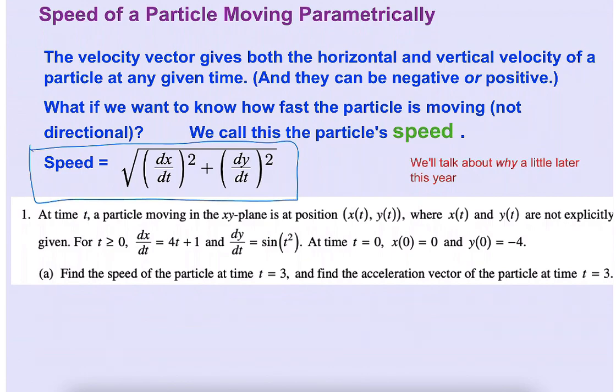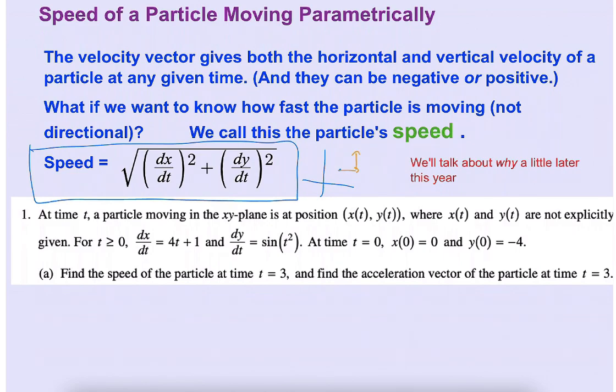Hopefully, if you look at that, you kind of see where that's coming from. I'm hoping you recognize the underpinnings of the Pythagorean theorem in there, because when we talk about a particle and its movement, its dx dt is its movement in this direction, and its dy dt is its movement in this direction.